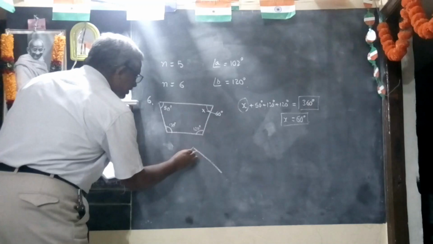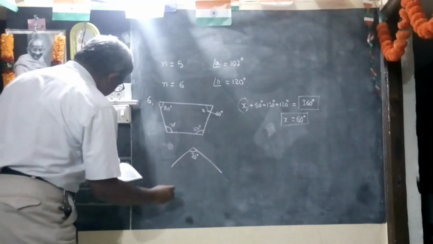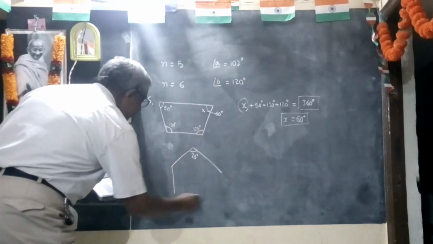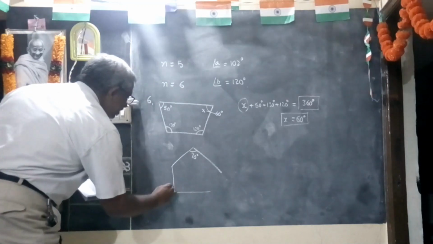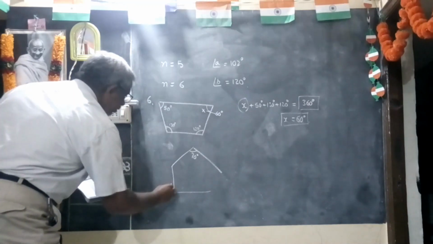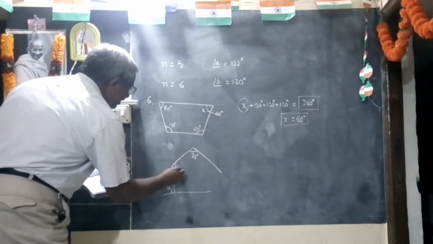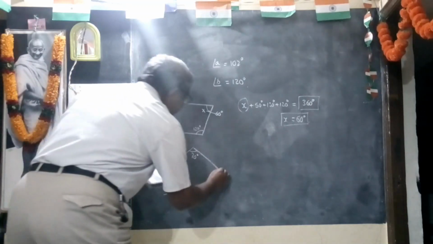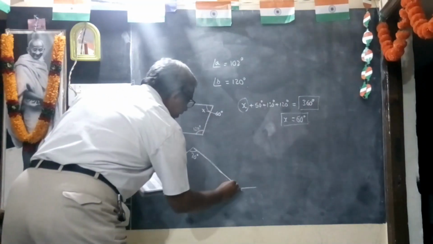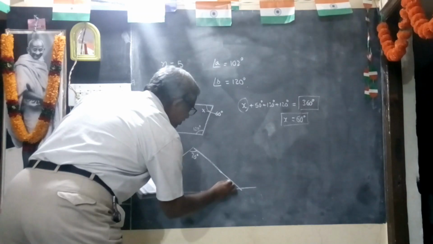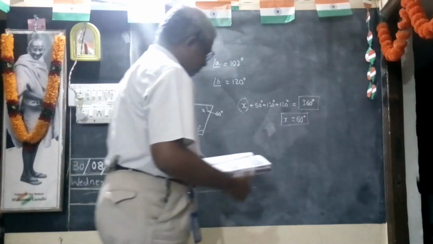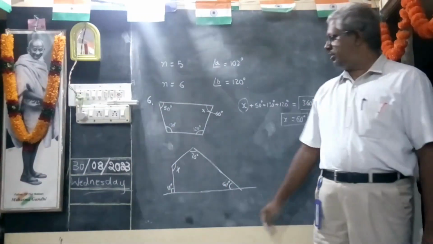So we have 70 here. Yeah, we'll go for that. And then I have a 90 degrees here, and I have x here, and here I have 60 degrees. Yeah, come on. What can be done for this?